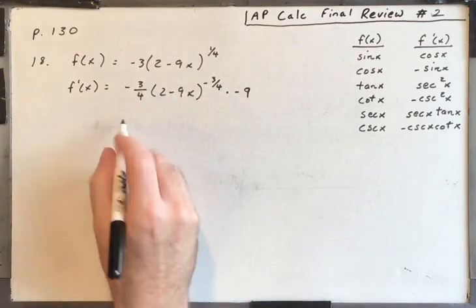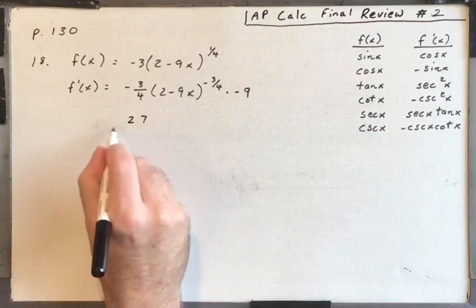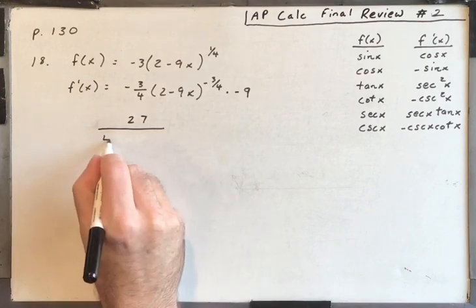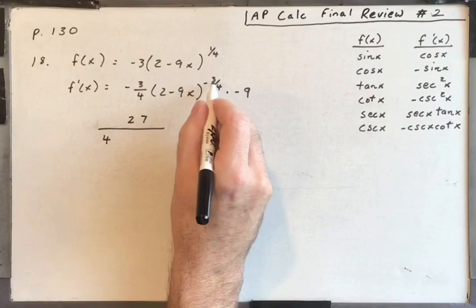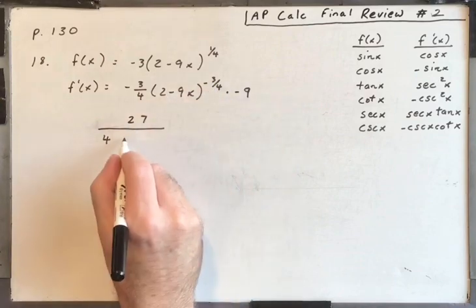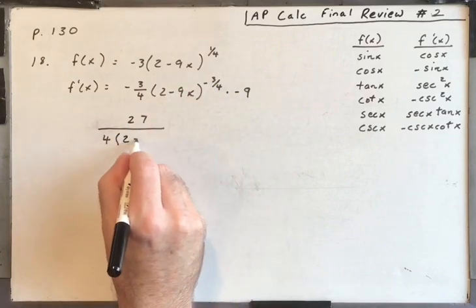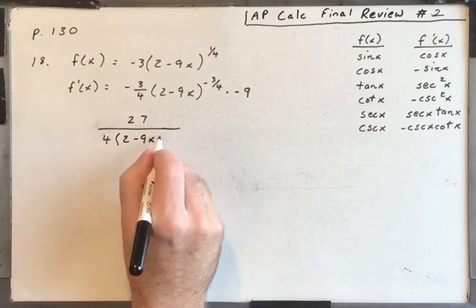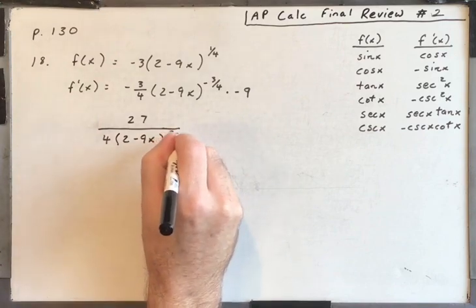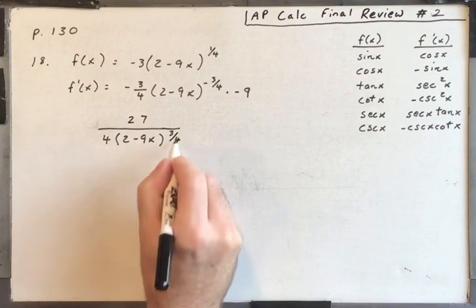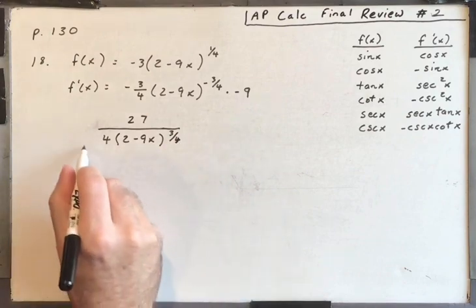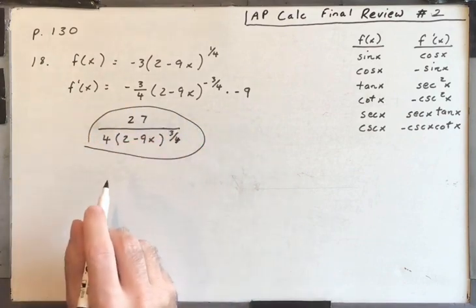So negative 9 times negative 3 would be 27. Then we have the 4 on bottom, and let's bring that 2 minus 9x to the negative 3/4 downstairs. So 2 minus 9x to the 3/4. And I think that's about as good as we're going to be able to do on that one.